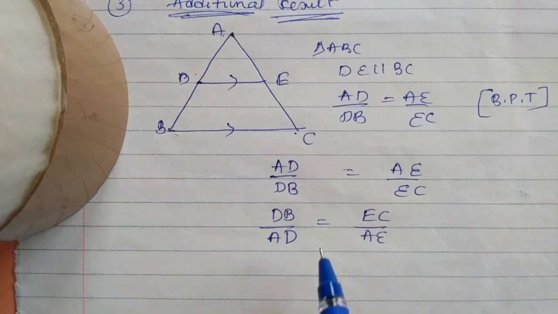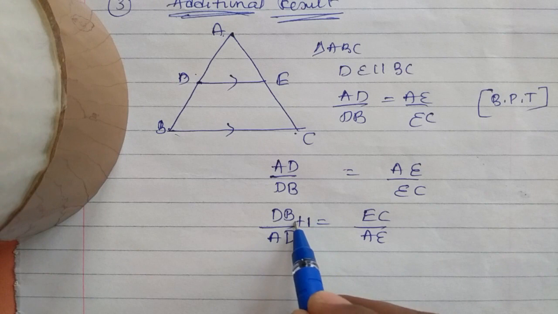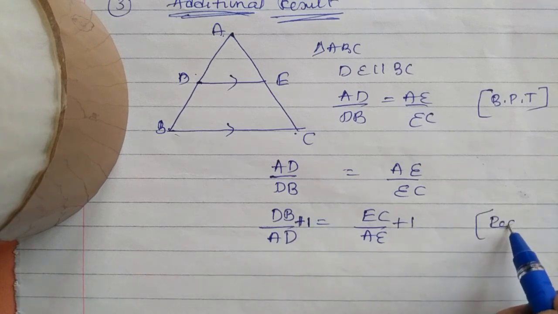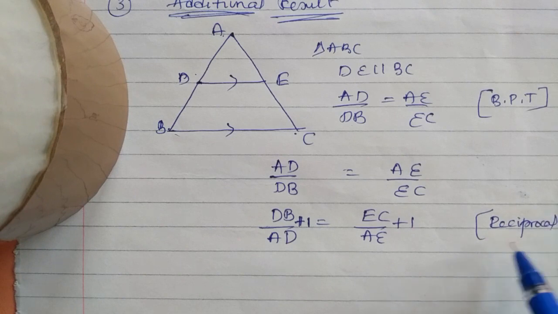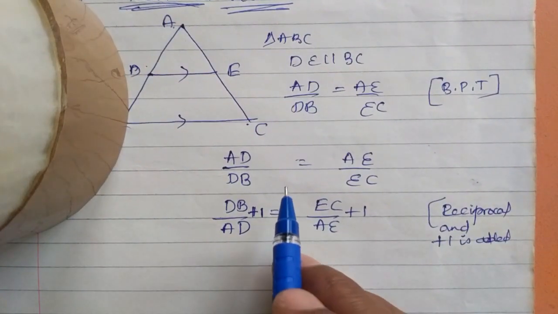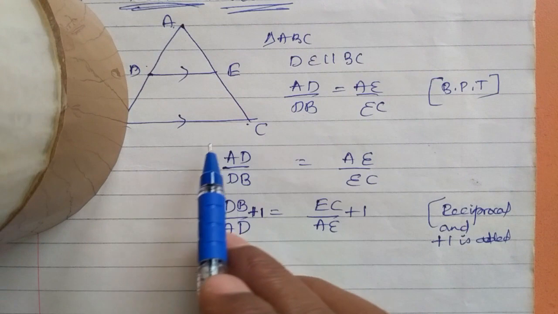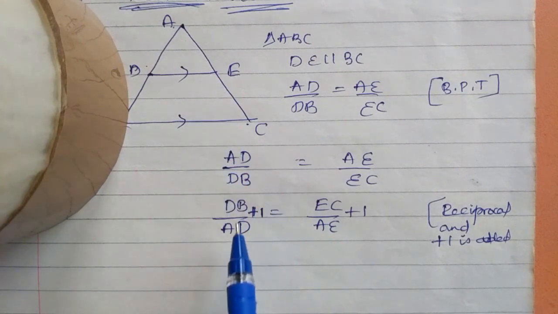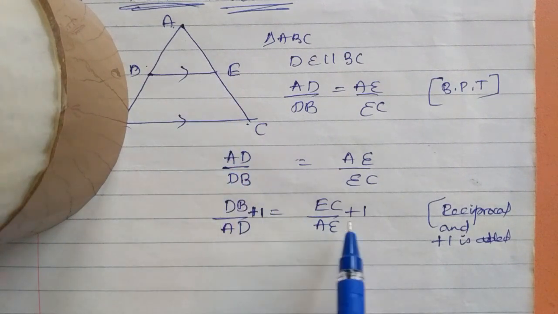After writing in reciprocal form, add 1 on either side. The result of the BPT for any triangle, write it in reciprocal form, add 1.